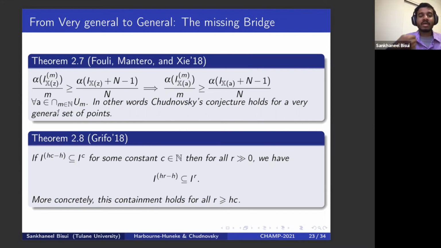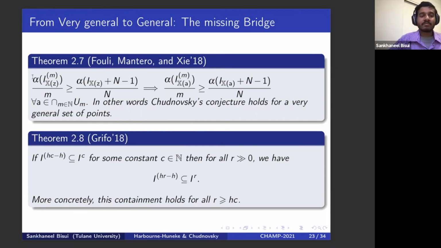Now, when we have the open sets, we will be taking the intersection of all these open sets. Then the result about the lower bound of Chudnovsky for very general points will be satisfied.